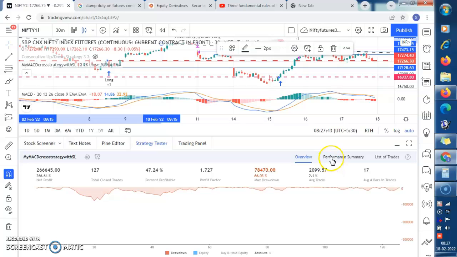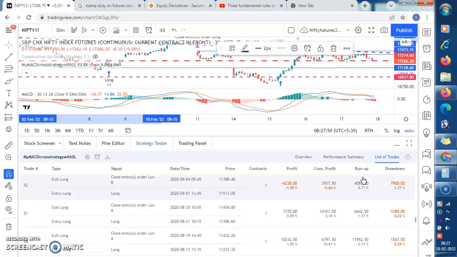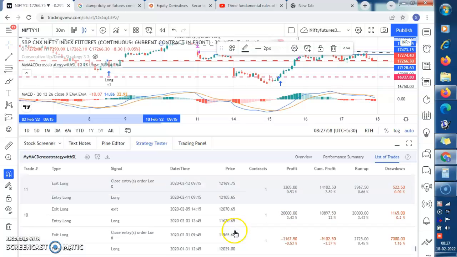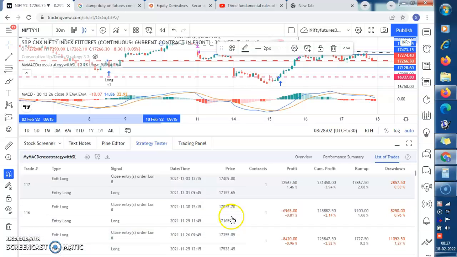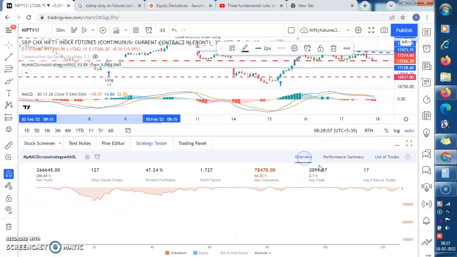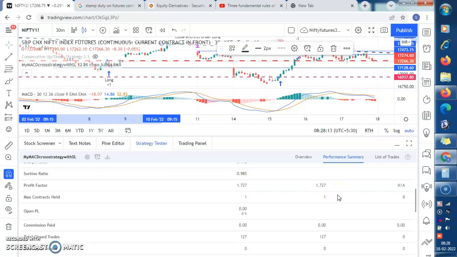If I look at the performance summary, this is the list of trades from January 2020, so slightly more than 2 years of data. That is reasonably trustable performance, because a backtest based on just the last 6 months or 3 months of data is not so reliable.